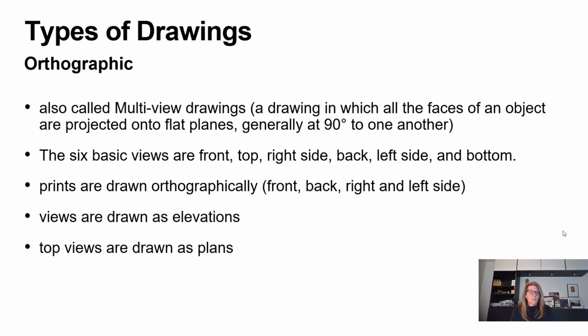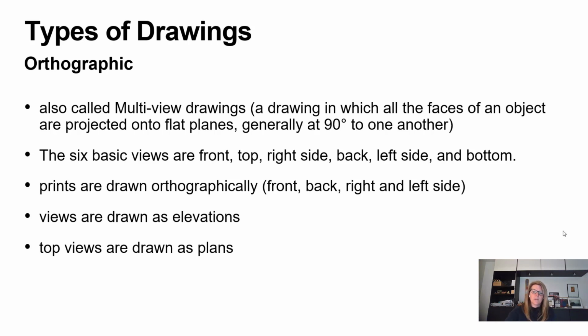Orthographic drawings are also called multi-view drawings, and these are where the faces of the object are projected onto flat planes. Classically, this is how we created drawings of buildings, or how it was done, I should say, before BIM, where you're creating basic views of the drawing: front, back, right side, left side, or how we might think of them as elevations.